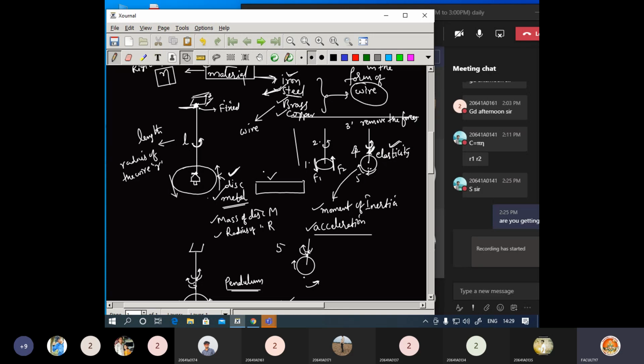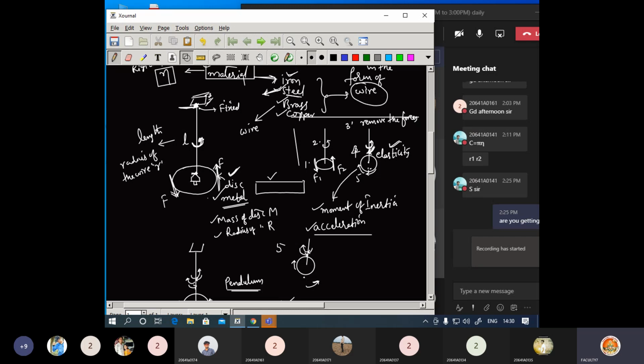Now we are going to apply a torque, or a couple of forces, which are equal and opposite. Due to this, the disc reacts in the form of a twist in the wire.